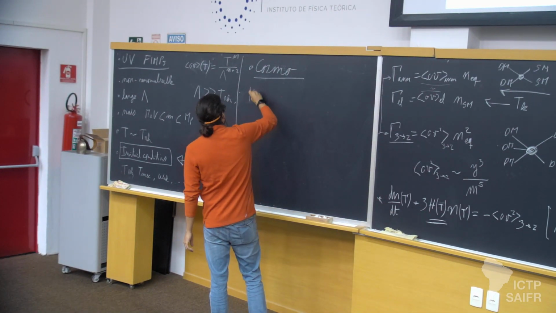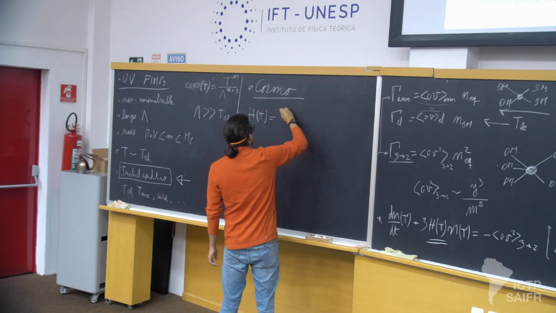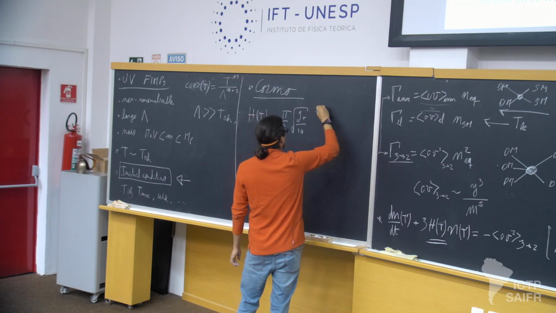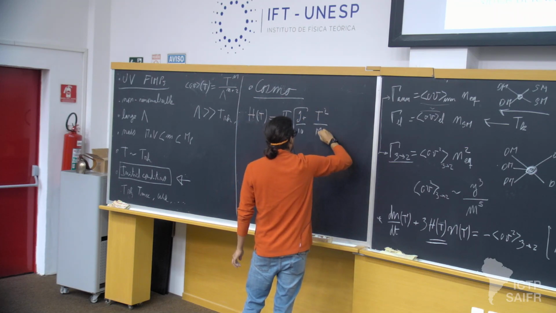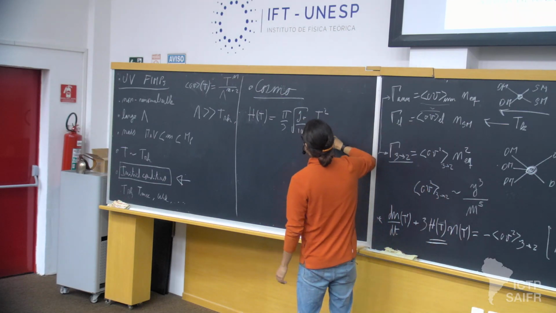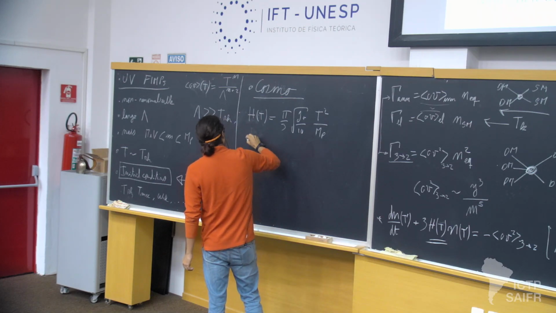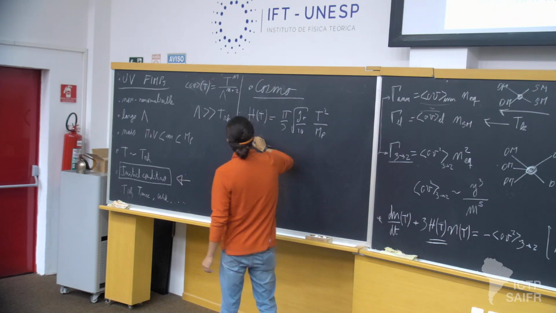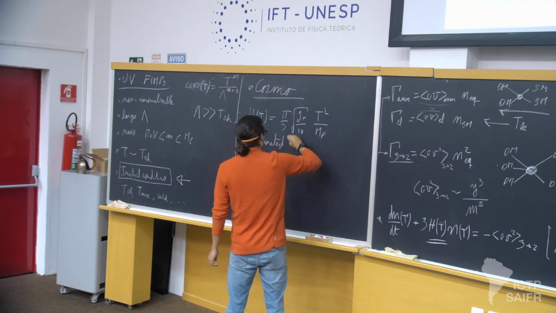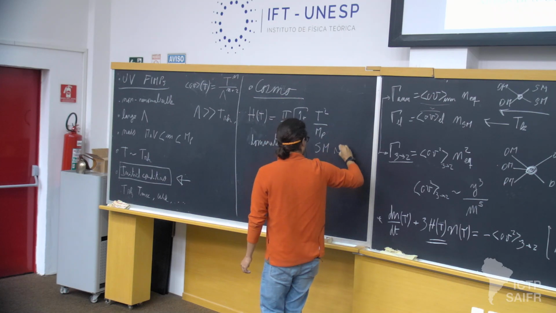So we always assume that H of T is pi over 3 square root of g star over 10, times T squared over M Planck. That we have always used. That means the Hubble expansion rate is dominated not just by radiation, but by standard model radiation.